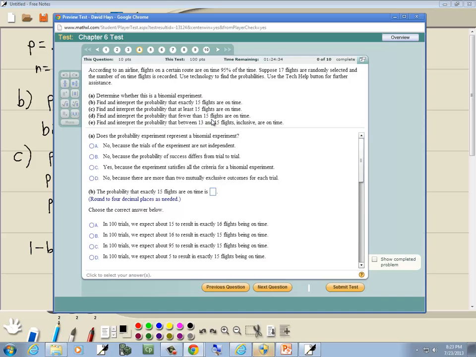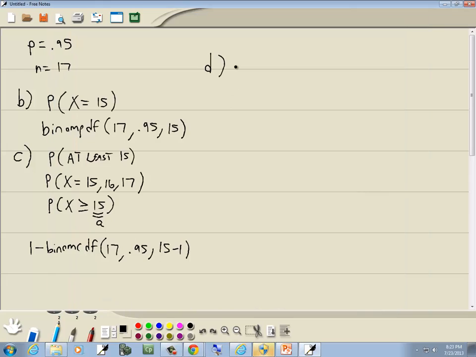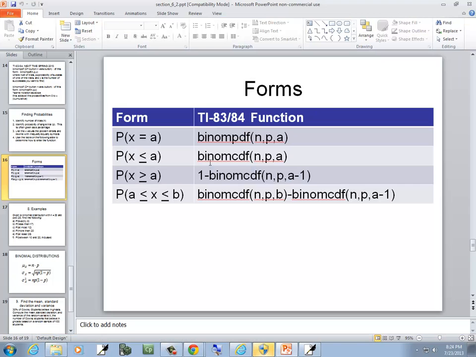Now D. Find and interpret the probability that fewer than 15. Fewer than 15. Well, that'd mean x is equal to 0, 1, 2, and so on. Fewer than 15 doesn't include 15, so it goes up through 14. Now I want to write it as one of these forms: equal to, less than or equal to, greater than or equal to, or between two values.